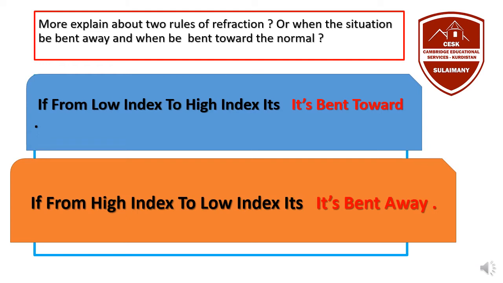Why? Because this rule says bent toward. When we have the bent toward situation, theta 2 is less than theta 1.